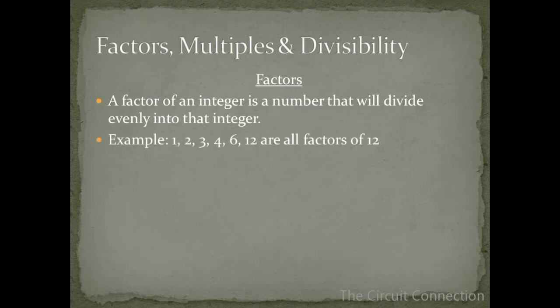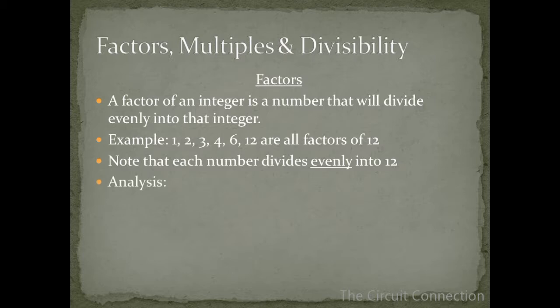So for example, 1, 2, 3, 4, 6, and 12 are all factors of 12. Note that each number divides evenly into 12. So let's analyze this. 12 over 12 is 1, 12 over 6 is 2, 12 over 4 is 3, 12 over 3 is 4, 12 over 2 is 6, and 12 over 1 is 12.